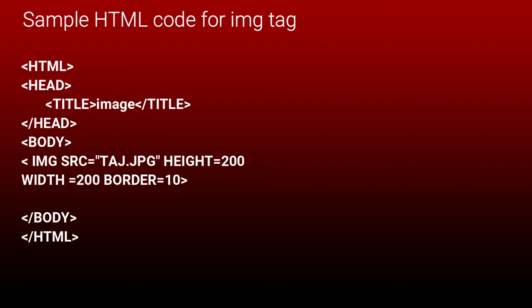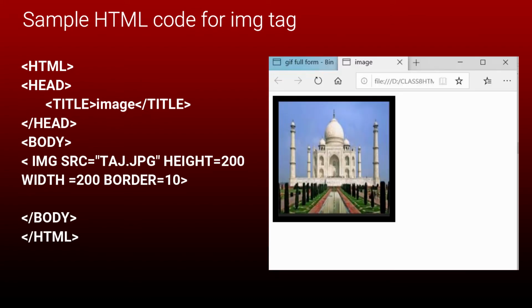Then height I have given 200 and width 200, so height and width are 200 pixels, and border I have given 10 pixels. If you look at the output, you will see the height and the width of the image are uniform, and there is a black color border with a thickness of 10 pixels.